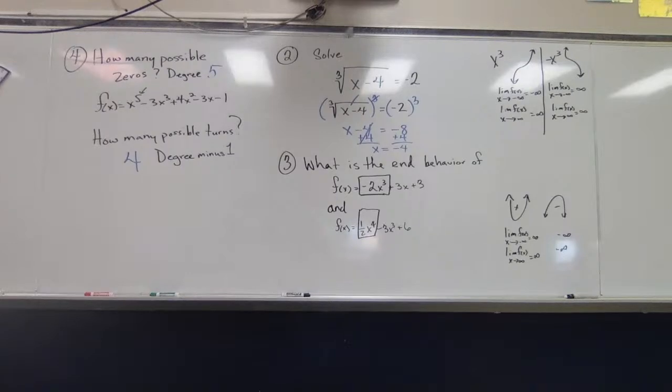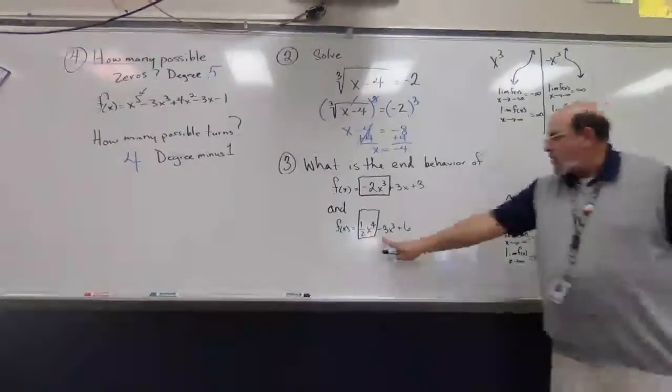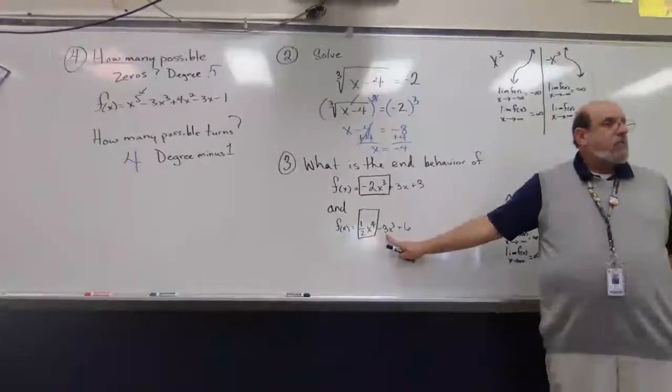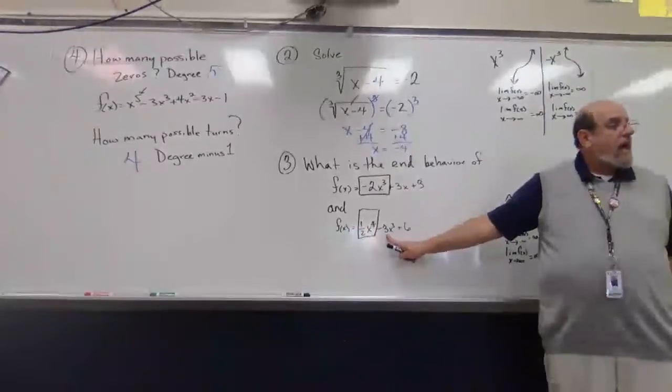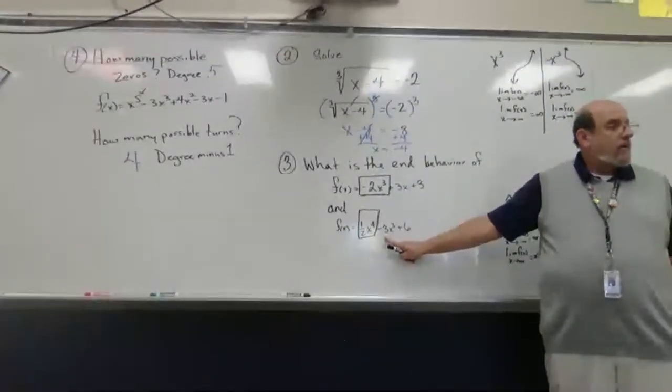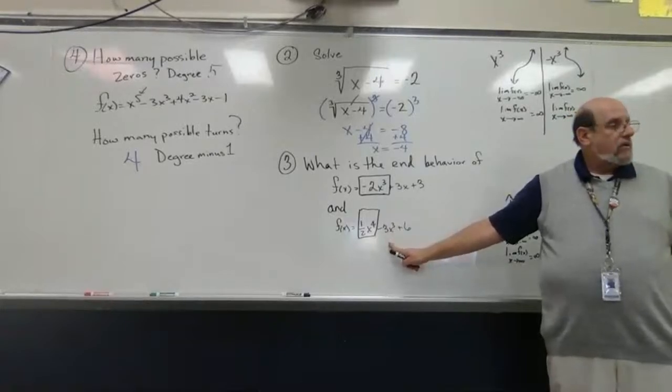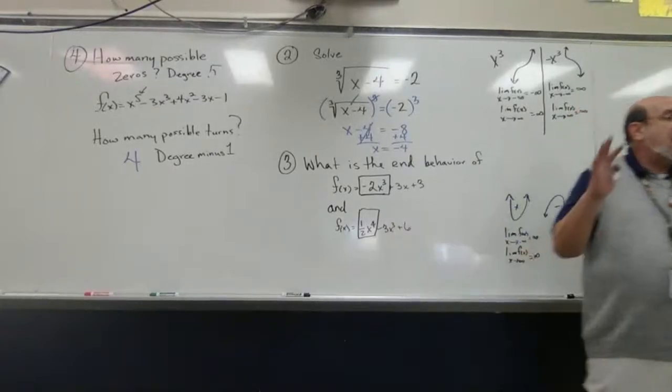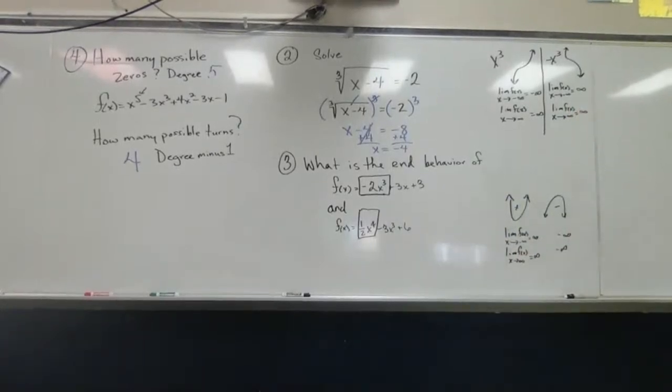It just has a bump in it. But aren't the ends pointing in the same direction? Yeah, so the bumps don't matter. This has a bump. There's a bump there. It may be flat. There are turns here. It doesn't matter. It doesn't affect the end behavior. It doesn't affect the outside of the function.